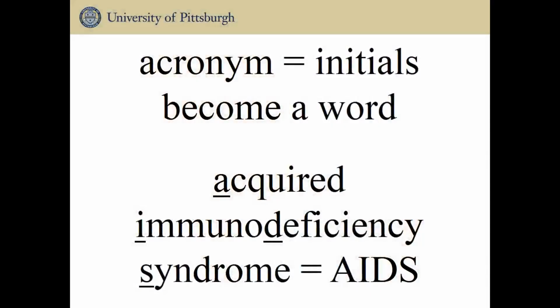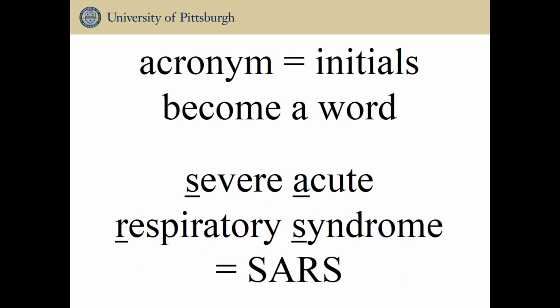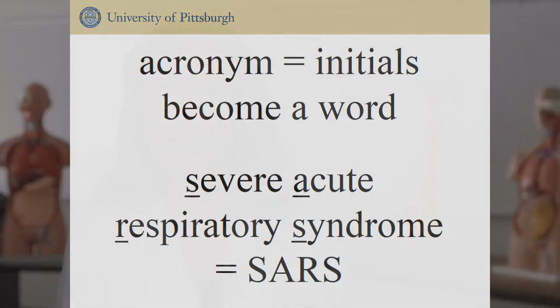These terms are generally shortened by using the first letters of each term. If the term produced by using initials is used as a word, the abbreviation is called an acronym. Two examples are acquired immunodeficiency syndrome, becoming AIDS, or severe acute respiratory syndrome, becoming SARS.